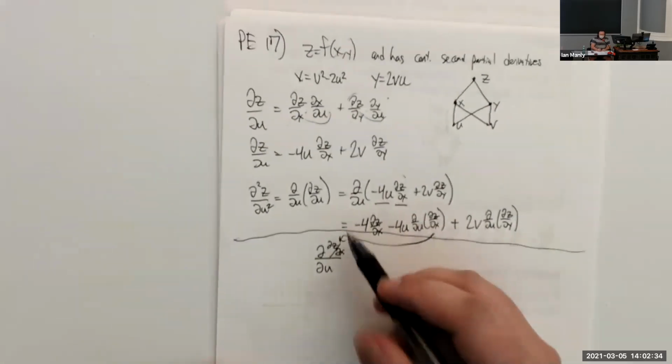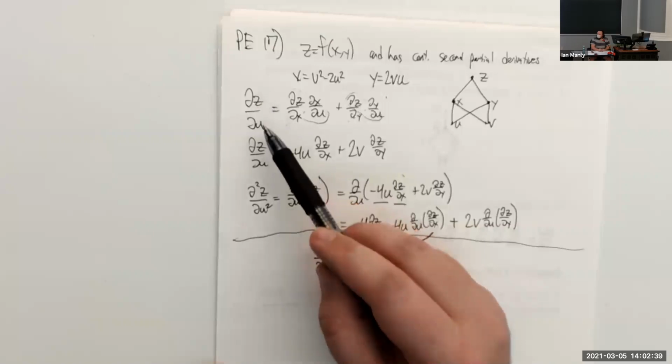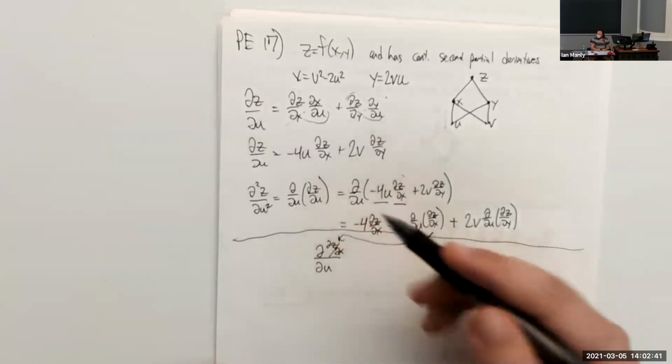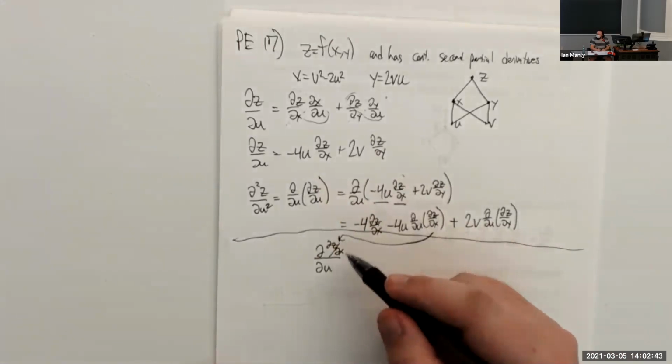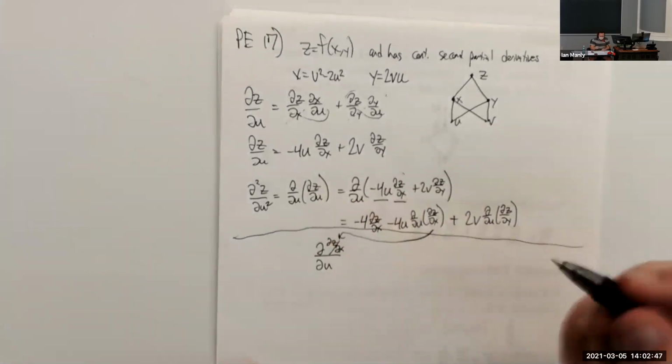Well, how did I figure out a u derivative earlier? I used the chain rule. So I had partial z partial u is all of this stuff. So this is going to be the same thing, only instead of every time we write a z, we're going to write a partial z partial x instead.